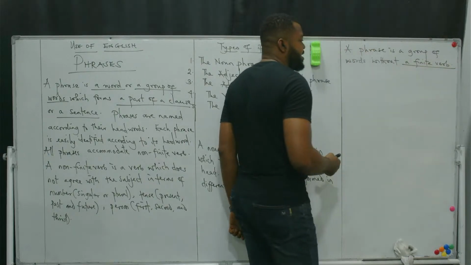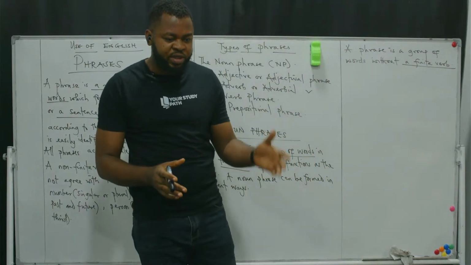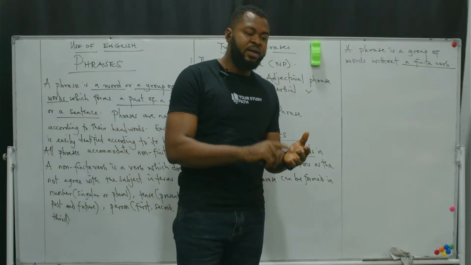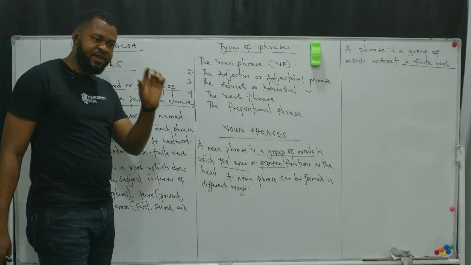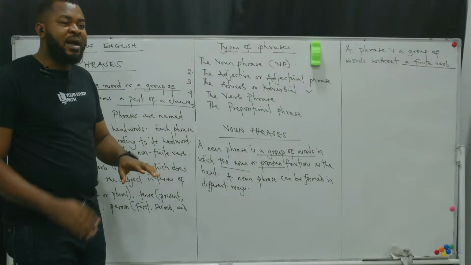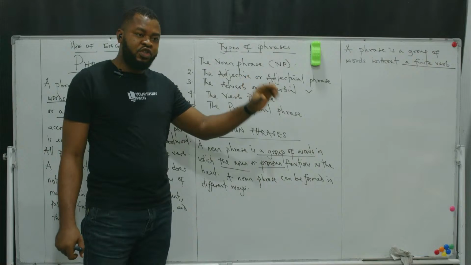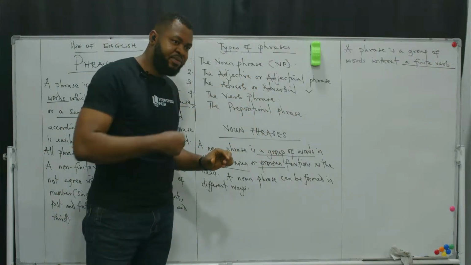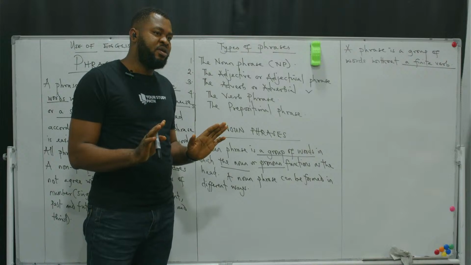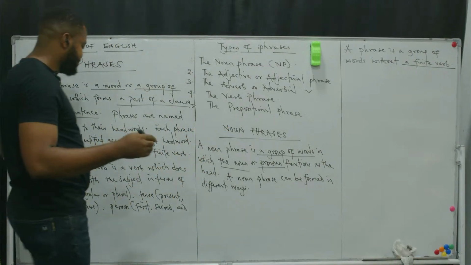What is a finite verb? Like I explained to you, any verb that is willing to agree with the subject in terms of number, person, and tense is a finite verb. A finite verb can make changes. For example, if you change the subject from singular to plural, it also affects the verb. That's a finite verb.